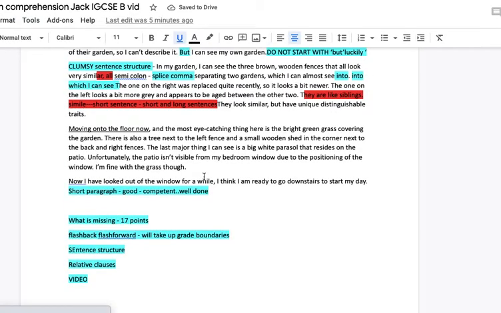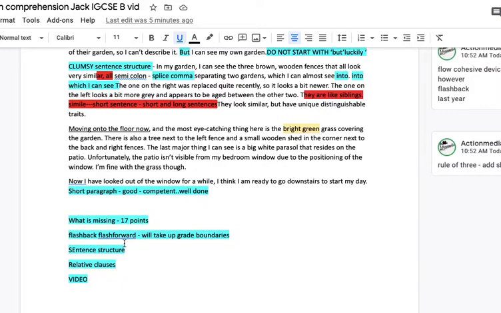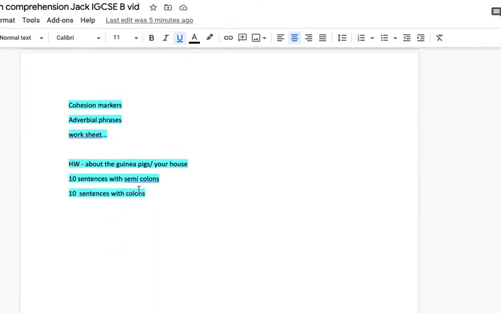Right, so homework. Yeah, so 10 sentences with semicolons, 10 sentences with colons, and the worksheet shared on fronted subordinate clauses and adverbials. Okay, so that's the cohesive devices we're looking at. But you're good at that anyway.